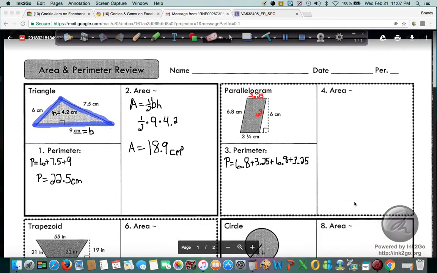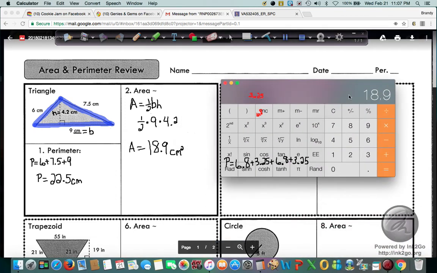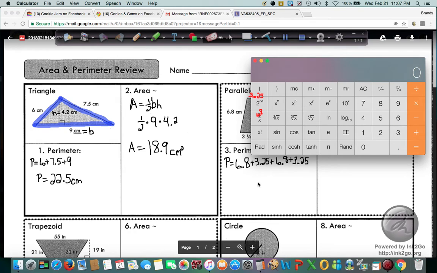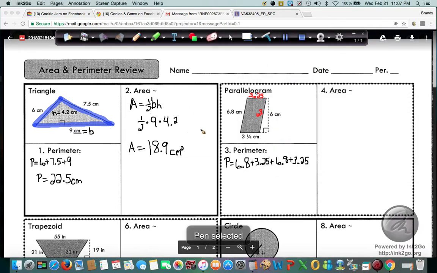All right, so let's go ahead and grab our calculator. Move it up here this time, clear it out. So we're going to say 6.8 plus 3.25 plus 6.8 plus 3.25. And we get 20.1. Very good, 20.1. So I come down here, perimeter equals 20.1 centimeters.